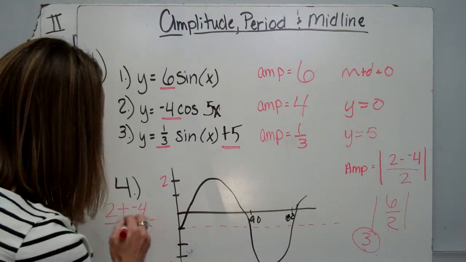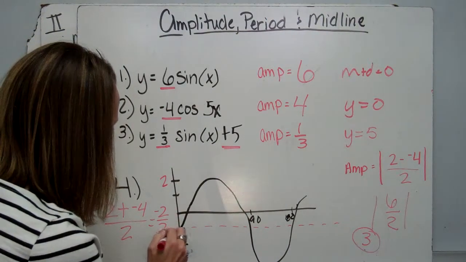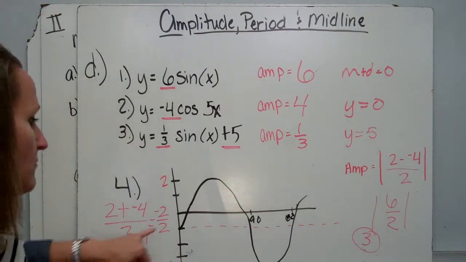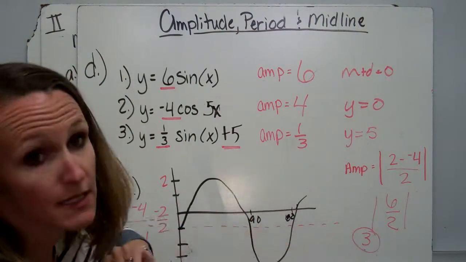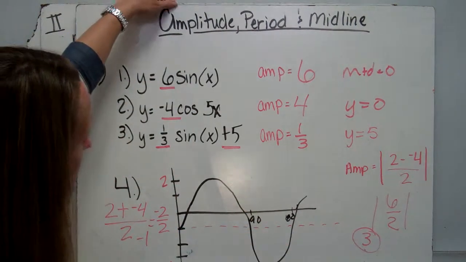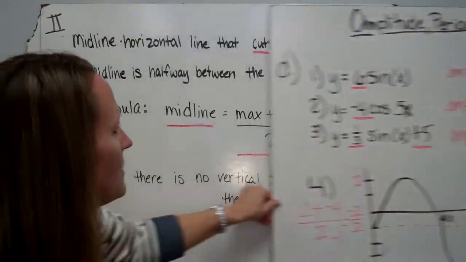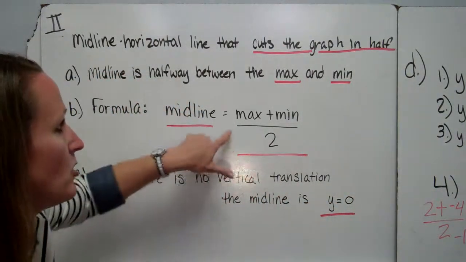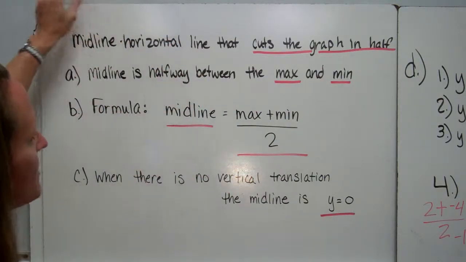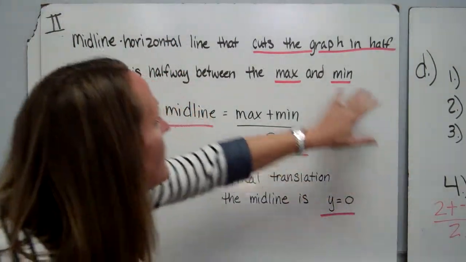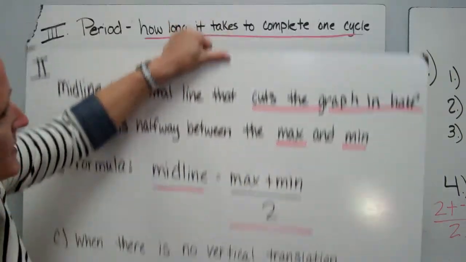So we would get negative 2 over 2 and learn that our midline is at negative 1, which is where it is. Okay, so that's midline. Notice there is a little bit of a difference in the formula.